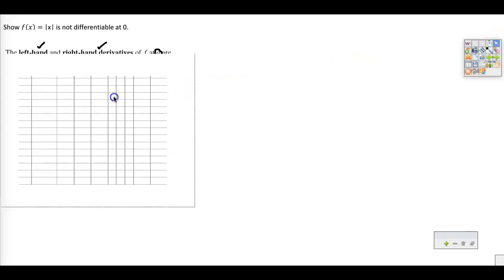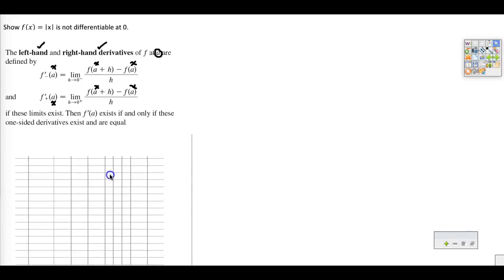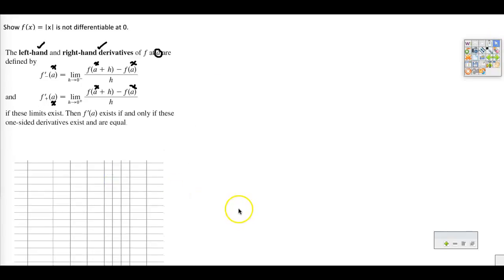So when you take a look here, how do we show if a function is not differentiable at a particular value? Well, it's going to require some work, and that's going to require us to use this particular definition.